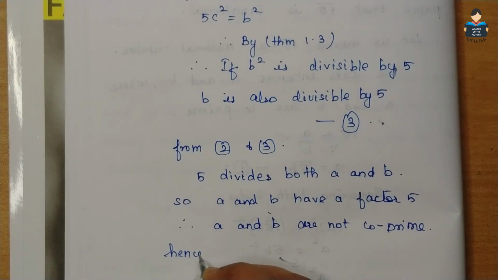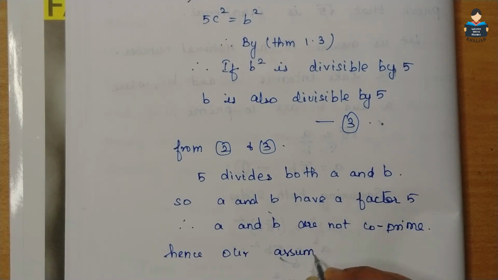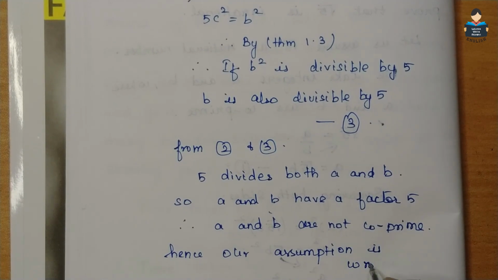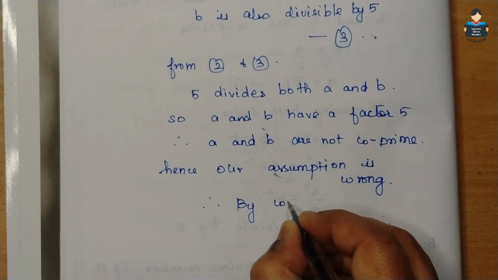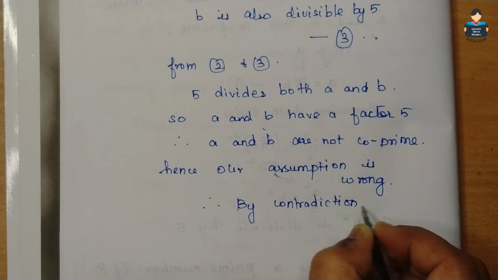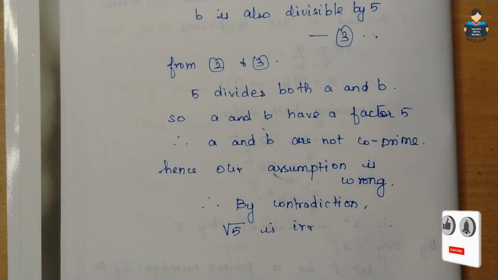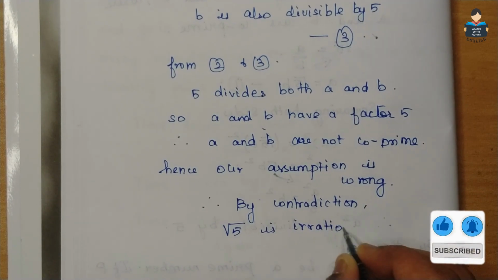Hence, our assumption is wrong. Therefore, by contradiction, we can say root 5 is irrational. We can say root 5 is an irrational number.